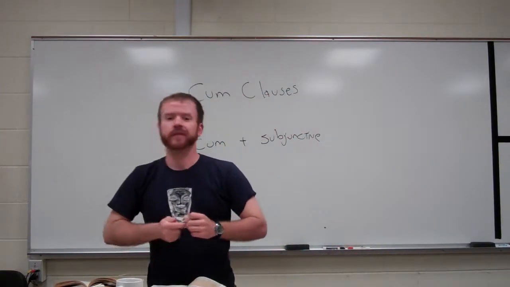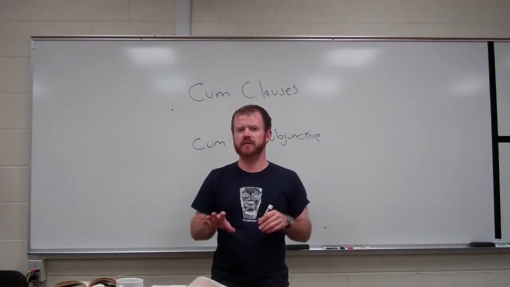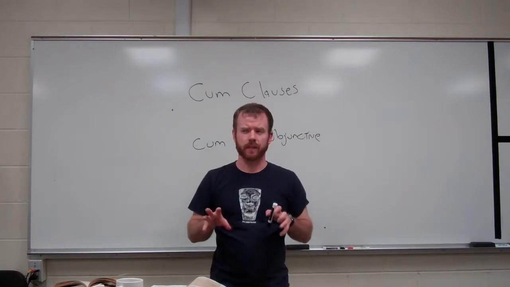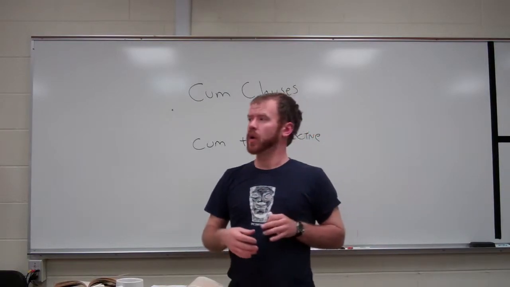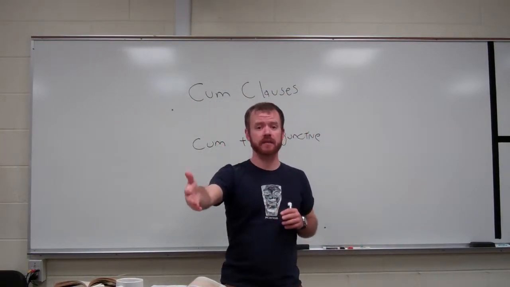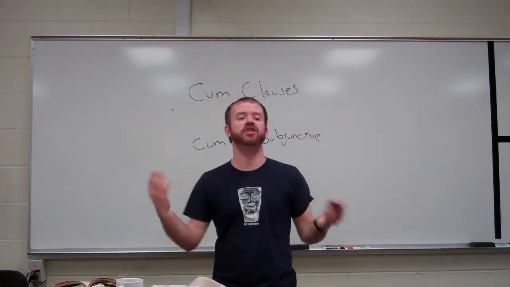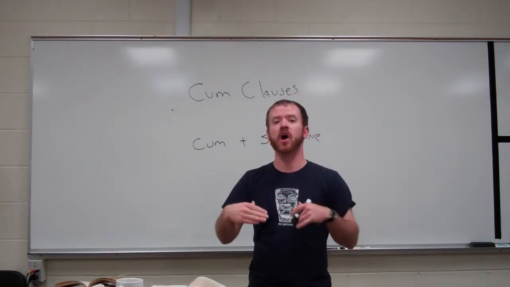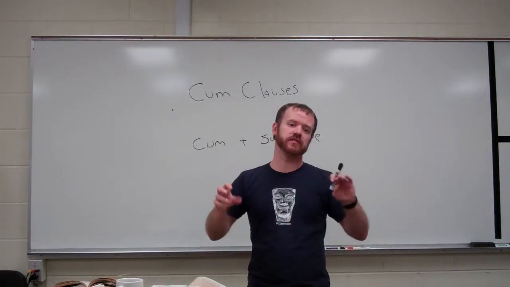Alright? Now, the subjunctive is used a lot of times to express situations that haven't happened, that could happen, or the types of situations, the types of conditions under which a situation would happen. So this is why the subjunctive is different from the indicative.